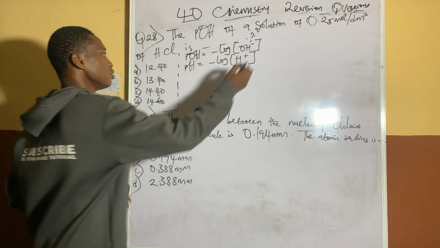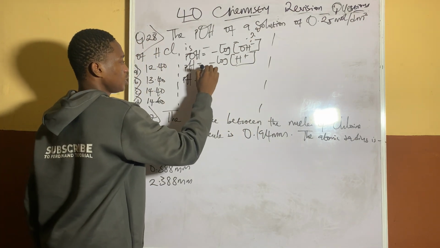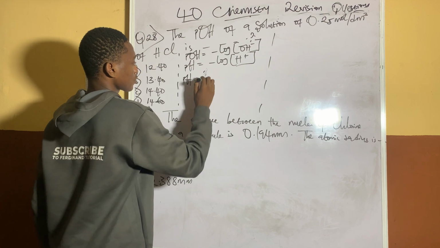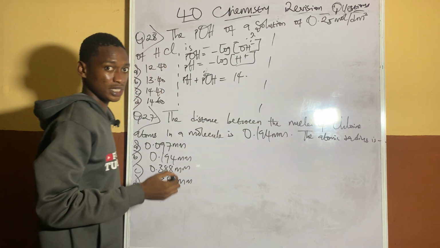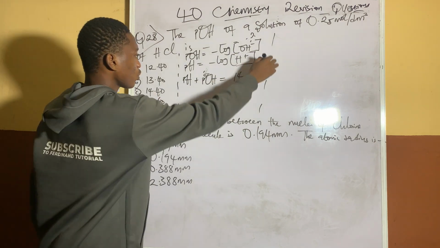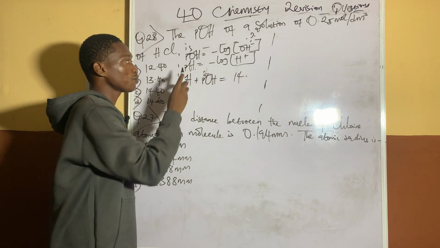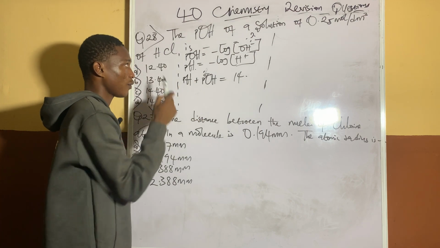What is the relationship between pH and pOH? The relationship is pH plus pOH is equal to 14. So first of all, let's solve for our pH. If we solve for pH, we make pOH the subject of the formula to get our answer.